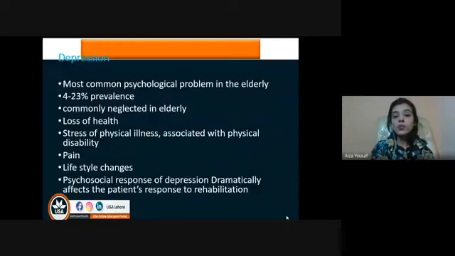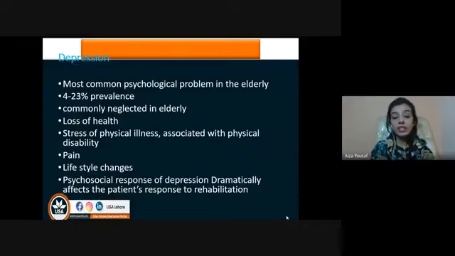Depression is the most common psychological problem in the elderly, and it is also the most neglected condition. Its prevalence is about 4 to 23% in the elderly population. It causes loss of health due to the stress of physical illness, or it may be associated with physical disability.